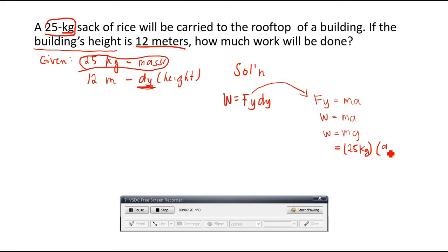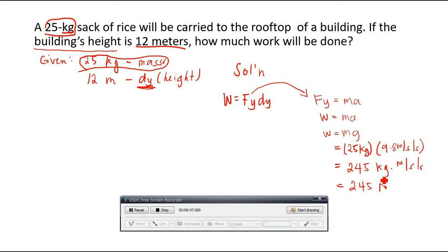So we can now solve for that. Weight is equal to your mass, 25 kilograms, and your gravity is always constant, 9.8 meters per second squared.